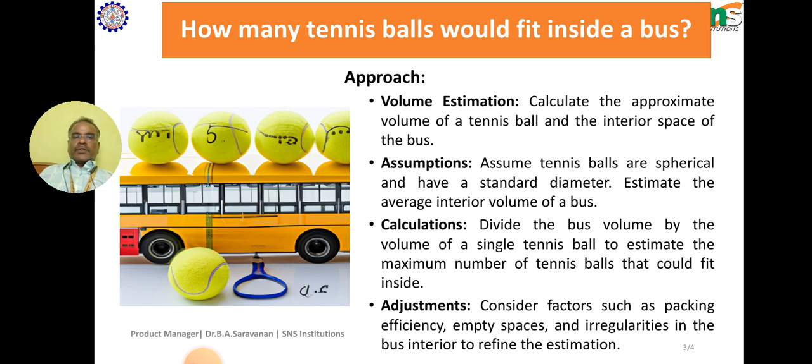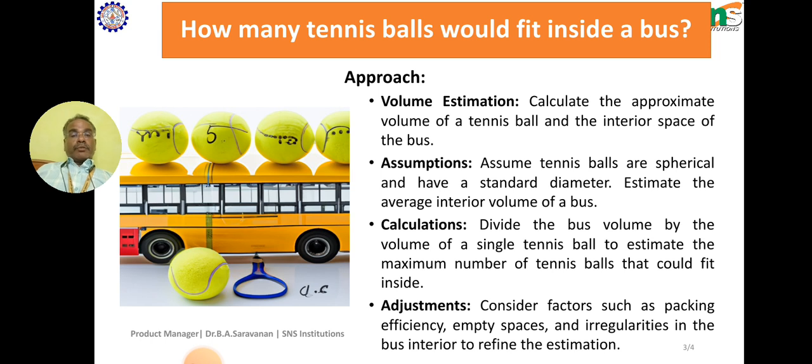The approach is volume estimation. We have to calculate the volume of the tennis ball first. What is the size of the ball? Maybe, instead of a bus, just take a basket. How many balls can we put inside?